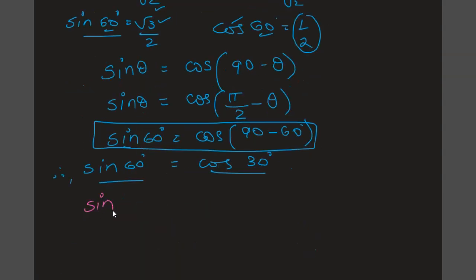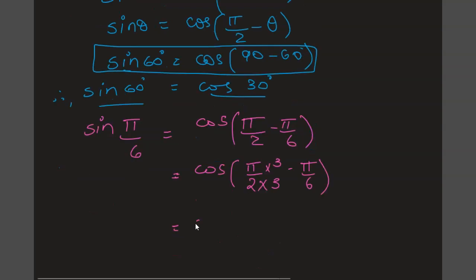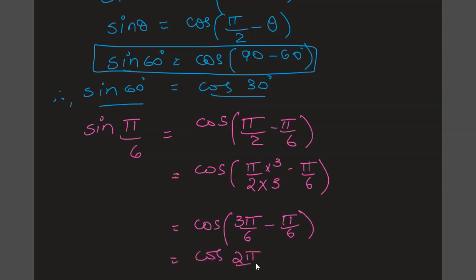Similarly, if you're given a question in pi radians, for example, sine pi by 6 is the same as cosine pi by 2 minus pi by 6, which is cosine pi by 2 times 3, because we have to make the denominators common. This would give us cosine 3 pi by 6 minus pi by 6, and that would be the same as cosine 2 pi by 6 or cosine pi by 3.